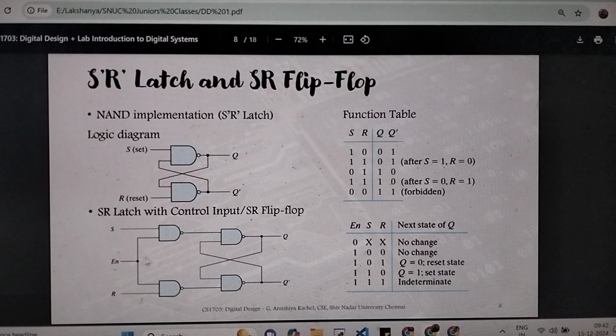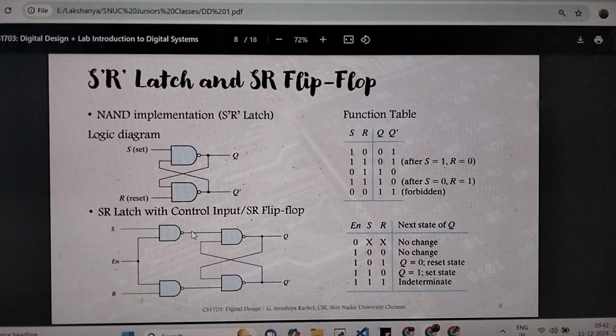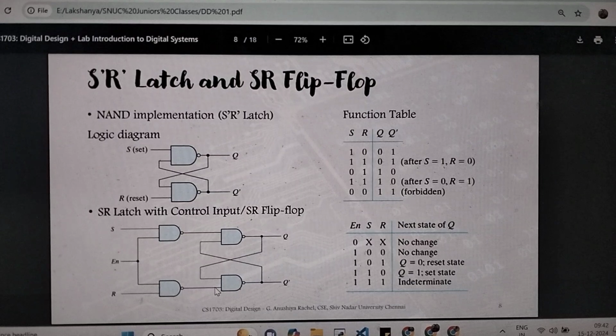So what happens here is, if your enable is a 0, then the AND gate would anyhow give me a 0. So the NAND gate would give me a 1, right? So if my enable is a 0, both the inputs going to my latch, this is the original latch part, this is like a switch part, would be 1, 1.